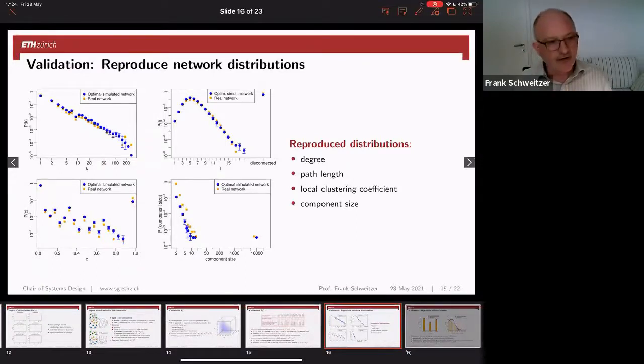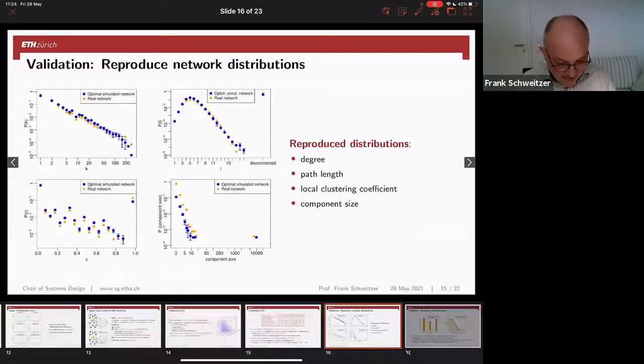I only show you this one slide. If you are interested in more validation measures, I recommend you go to the paper. We have like 5 or 6 different measures of this. And what you have to compare here is the blue dots, which are the simulated networks, with the yellow dots, which are the empirical values.